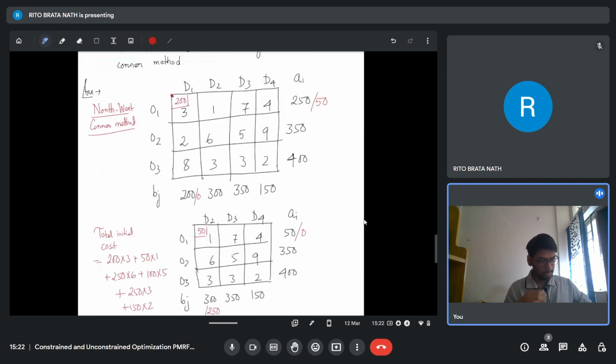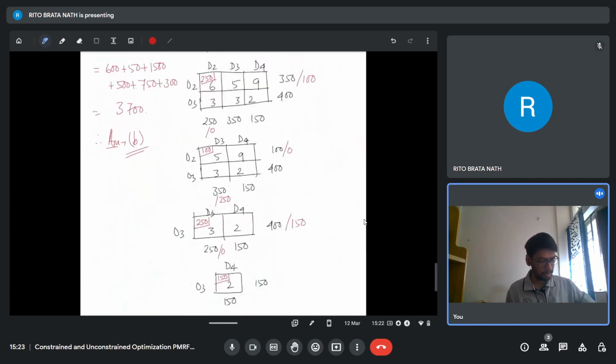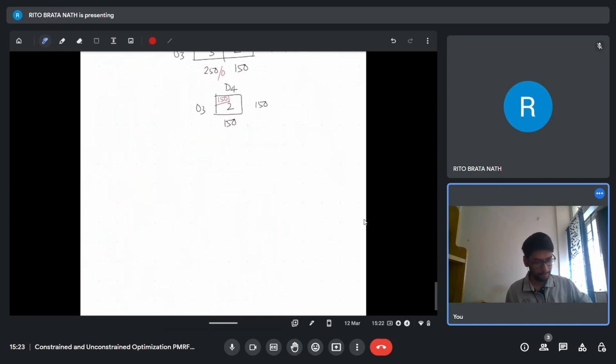So this is also fine. So that's the fifth problem. Now let me move on to the sixth problem. The sixth problem is saying to solve the same problem using matrix minima method.